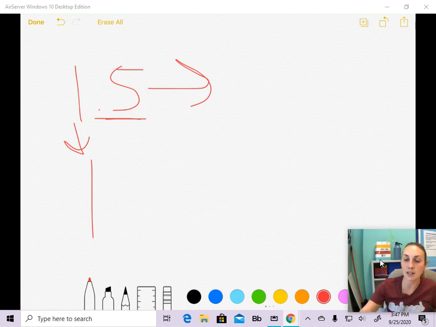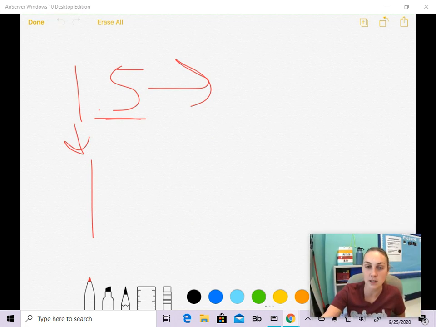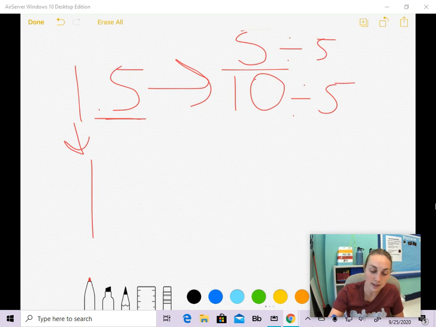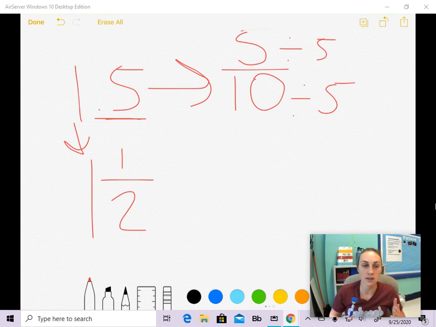Remember, if you say it correctly, it makes converting so much easier. 5 tenths is going to turn into 5/10 as the fraction. Once you have that, you can reduce. Both 5 and 10 can be reduced by 5. So 5 divided by 5 is going to be 1. And then 10 divided by 5 is going to be 2. So that's how you can change the decimal back into a fraction.